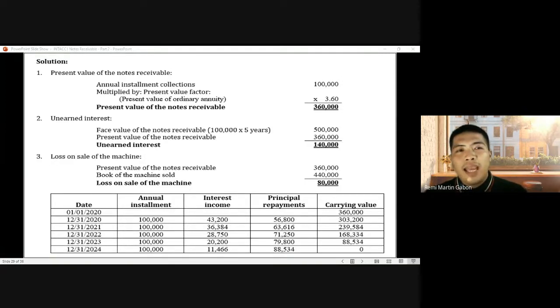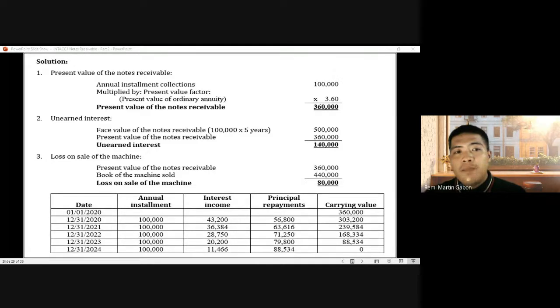The reason, again, is that it is non-interest bearing. For non-interest bearing, both principal and interest are already included in the face amount. This 100,000 in the annual installment column is derived from the face value of 500,000, and 500,000 is not principal alone.